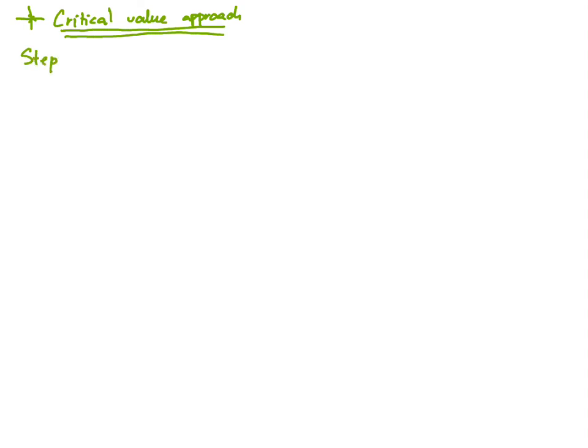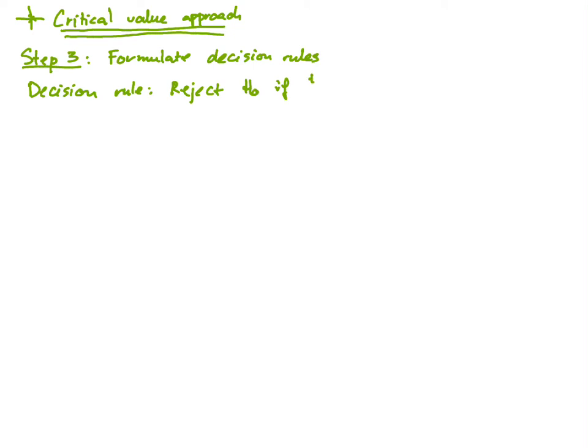So let's first go ahead and formulate our decision rules. The decision rule is we reject the null if our test statistic is greater than the critical value, where the critical value is equal to z sub alpha.